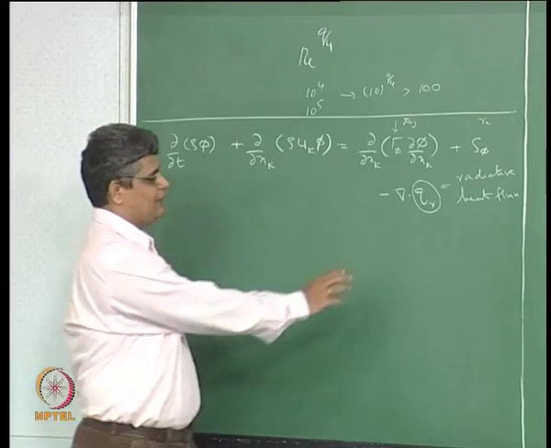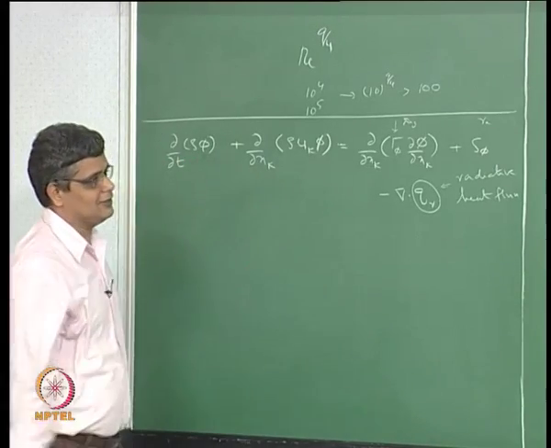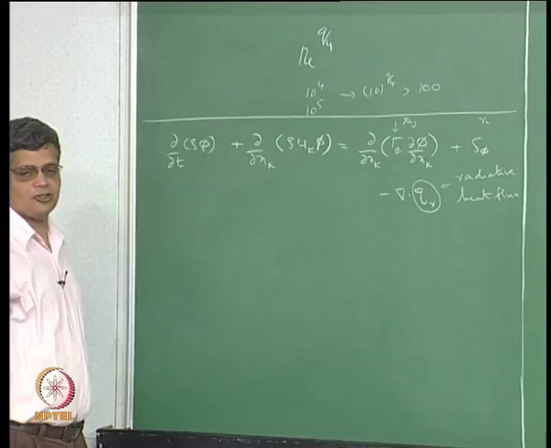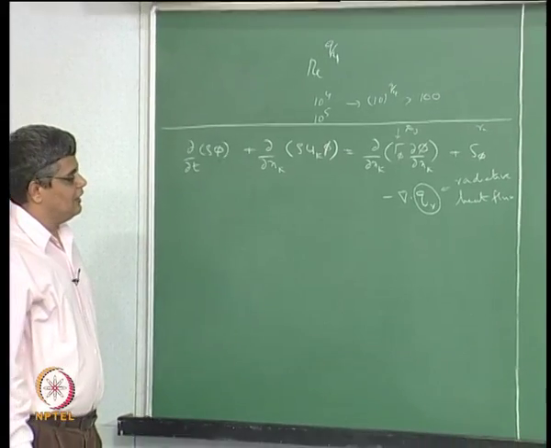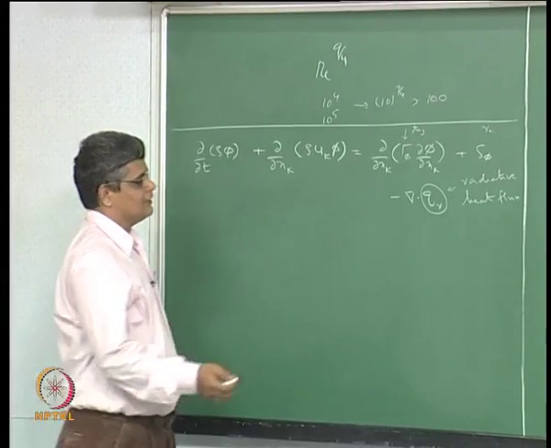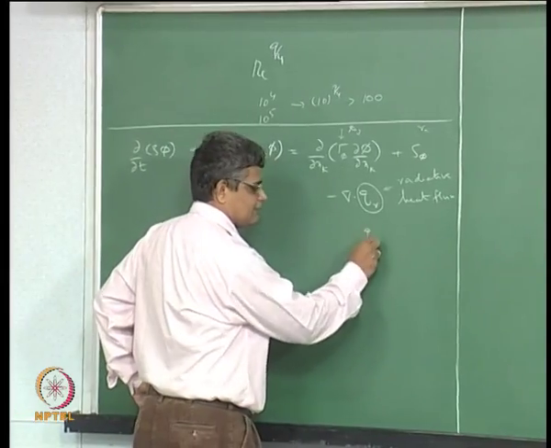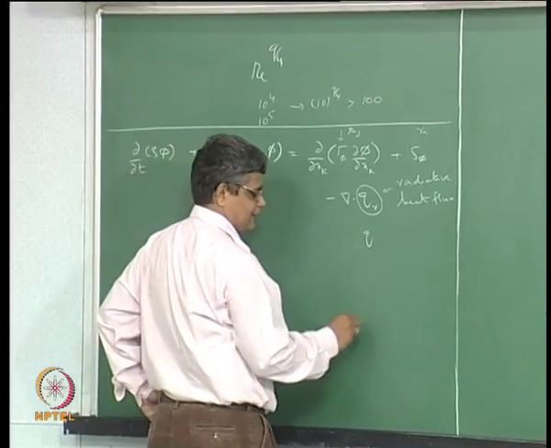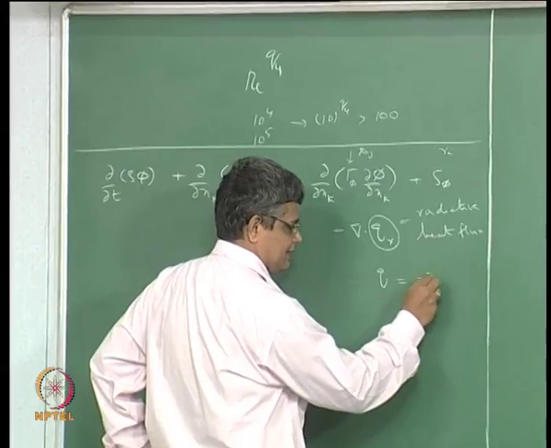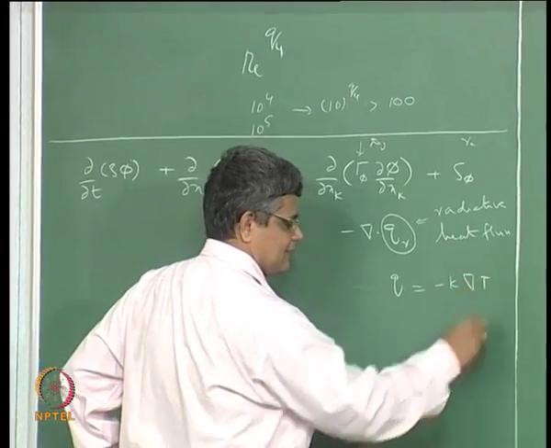So the evaluation of radiative heat transfer in CFD is a major topic of its own, and it's not as simple as the corresponding conductive heat flux, which we can write as minus k gradient of temperature.